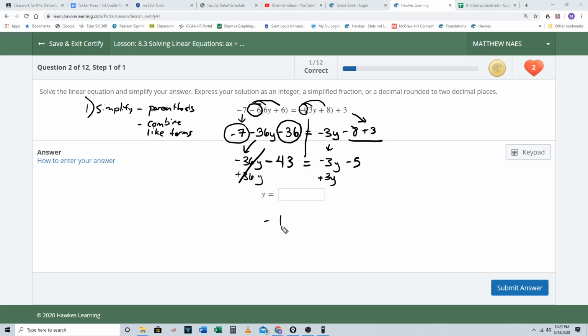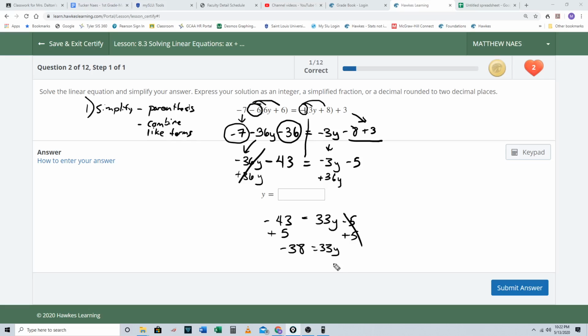I'm going to bring down the negative 43. This should be plus 33y. All right, next I'm going to add 5. Negative 43 plus 5 is negative 38.